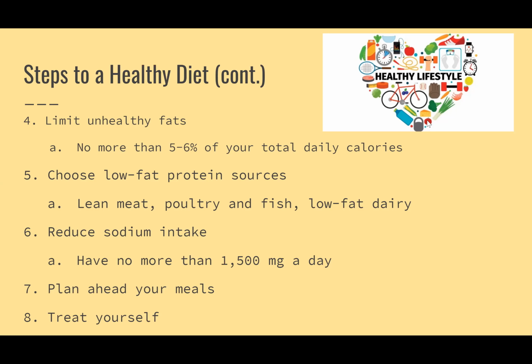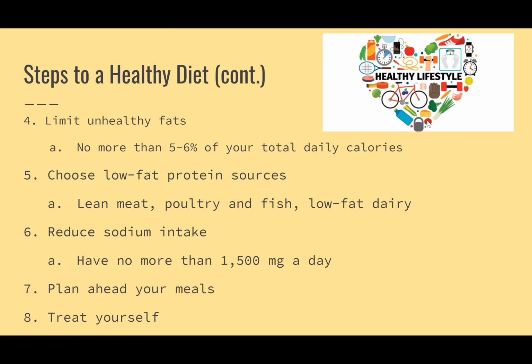And then step 6, I know I keep saying steps because they have them listed as steps, but these could be taken in any order. It's just recommended to follow these guidelines. So number 6 is reducing sodium intake. Reducing your sodium is very important for having a heart healthy diet.